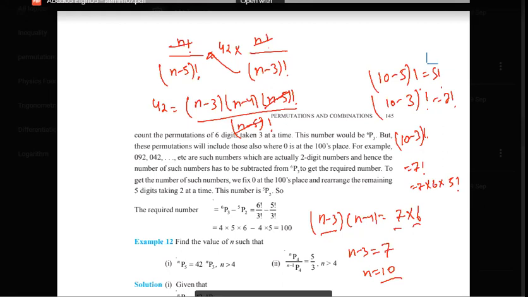Got it? If you are writing (n minus 3) factorial, then subtract one more, n minus 4, then n minus 5. Like n plus 1, n plus 2, n plus 3, in the same way n minus 3, n minus 4, n minus 5. I hope all of you understood how to solve these kinds of problems.